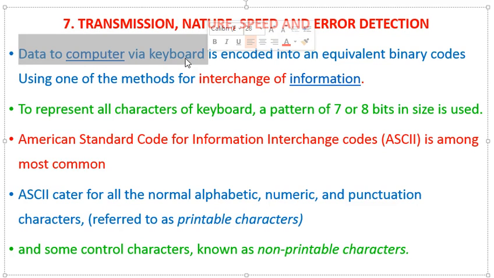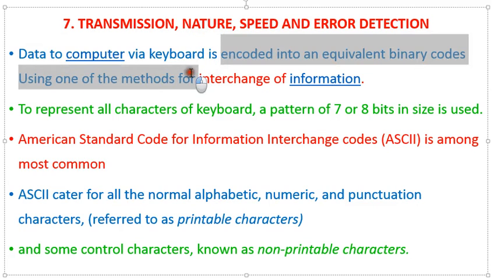But what we need to know here is that when you press 1 or when you press letter A or B, you should know that the computer doesn't understand those letters or those figures you're typing using the keyboards. What it understands is zeros and ones, because we said computer is a digital device, therefore it deals with zeros and ones, the binary number system.